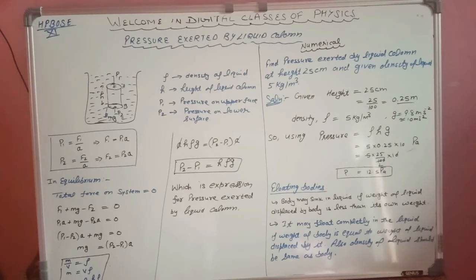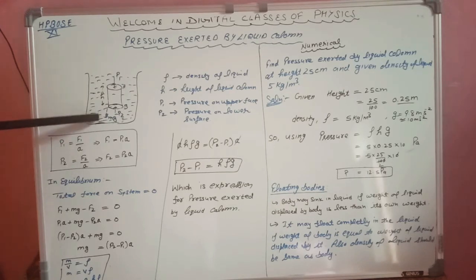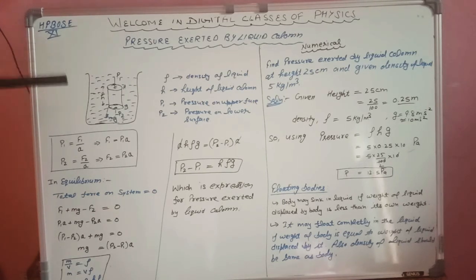So how many forces do you have here? F1 on the upper surface, F2 on the lower surface, and the weight of this liquid column, that is mg, and weight is always in the downward direction. So whatever is in the downward direction we take positive, and whatever is in the upward direction we take negative.